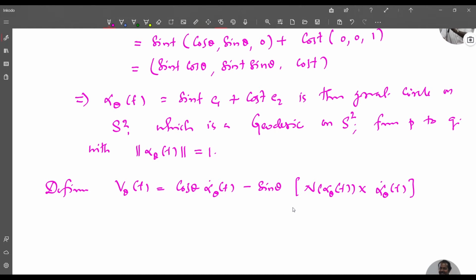And you know that n of alpha theta of t cross alpha theta dot of t is orthogonal to both n of alpha theta of t and alpha theta dot of t.